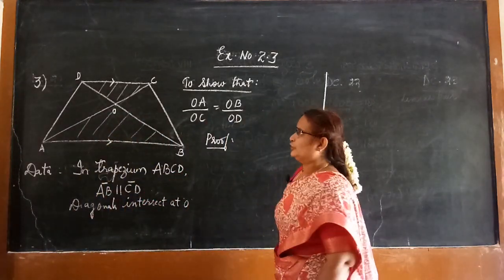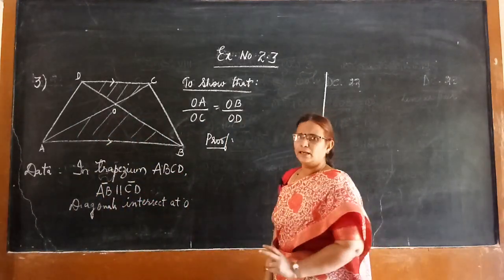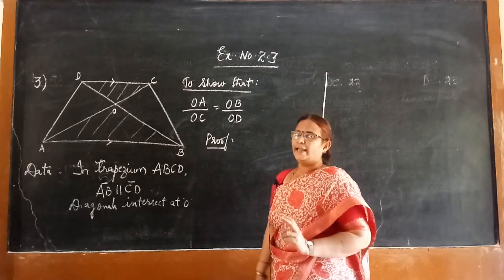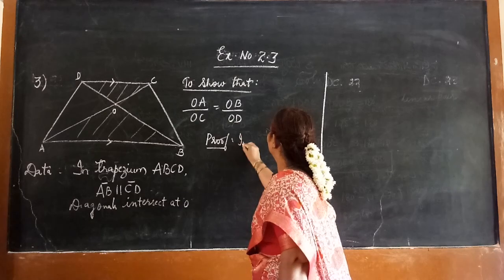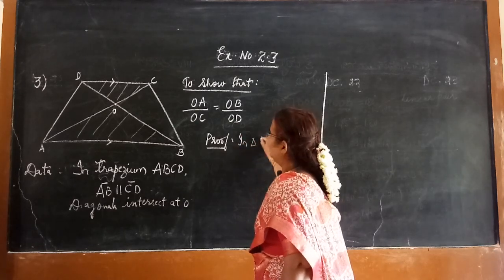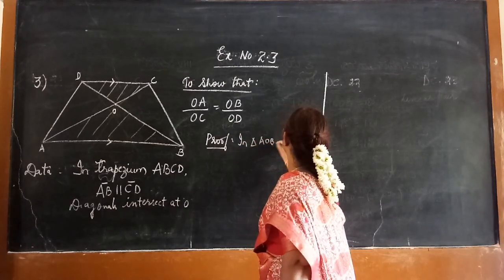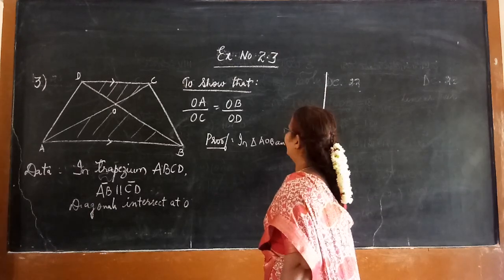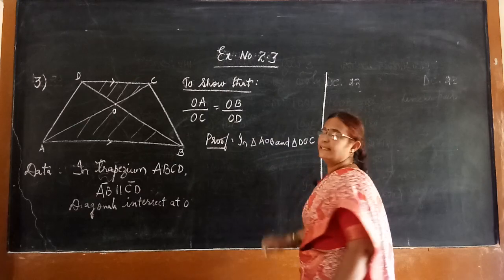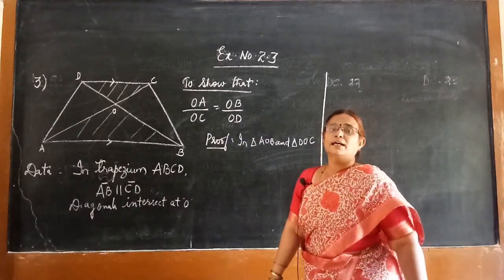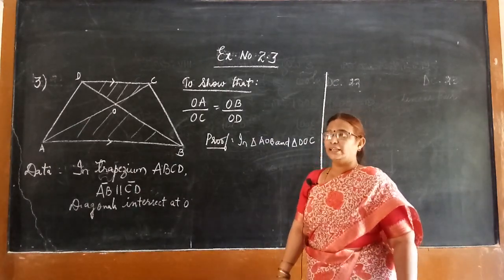So first we shall show those two triangles are equiangular and hence they are similar. In triangle AOB and triangle COD, identify the corresponding angles which are equal.